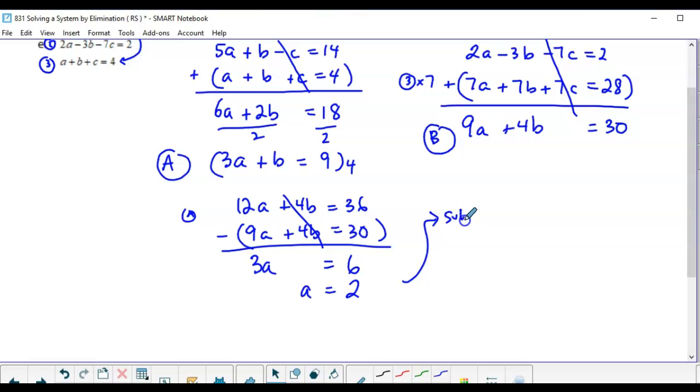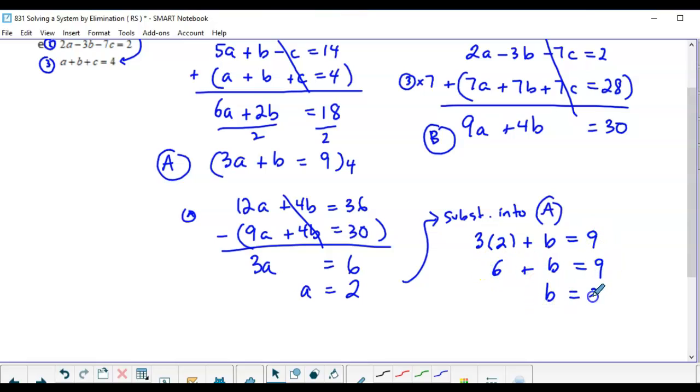I'm going to substitute that into A. Okay, so 3 times 2 plus B equals 9. 6 plus B equals 9, so B equals 3. And now we have to go back to one of our original equations to get C. So I'm going to substitute these into equation 3.